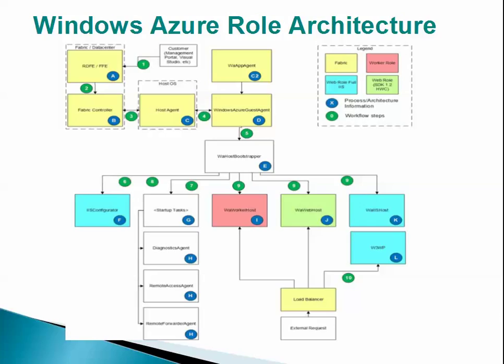The Fabric endpoint gets all the API calls from the end user, interacts with our Windows Azure management portal or Visual Studio, and creates all the things for us. We can call it the gateway to Windows Azure.